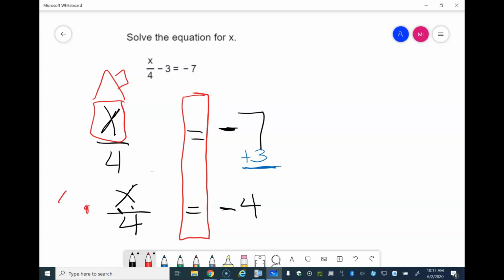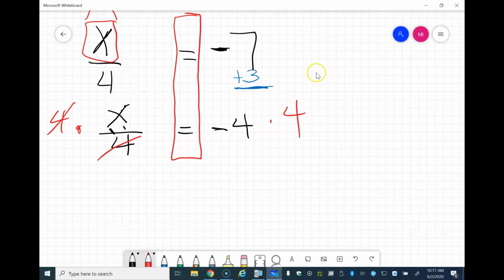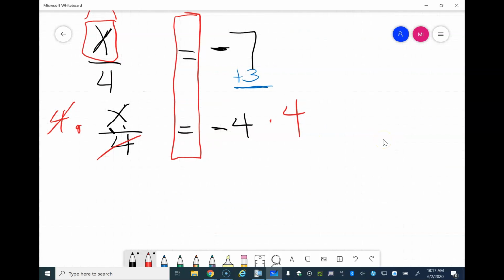We're going to times this one by 4, times over here by 4. That way this one here cancels out with this one. So if these cancel, here's our x that's left on this side, and then negative 4 times a positive 4 is going to give us negative 16.